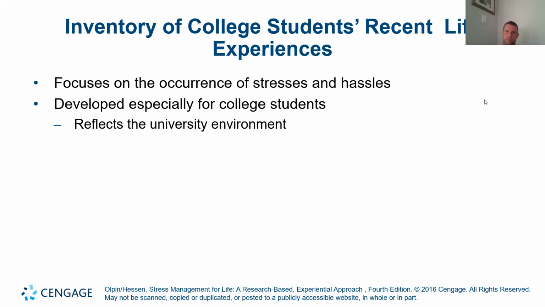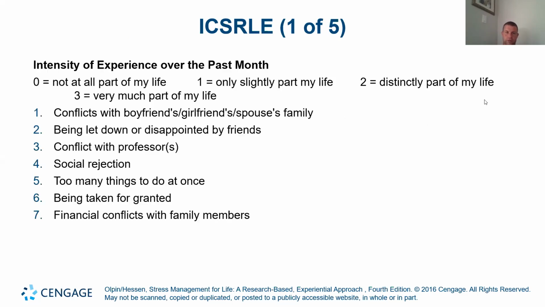The Inventory of College Students' Recent Life Experiences focuses on the occurrence of stresses and hassles developed especially for the college environment. Right? So again, at Kaiser, many of you are not living in dorms, so it's a little bit different, right? But some of this will apply to you, some of it won't, right?